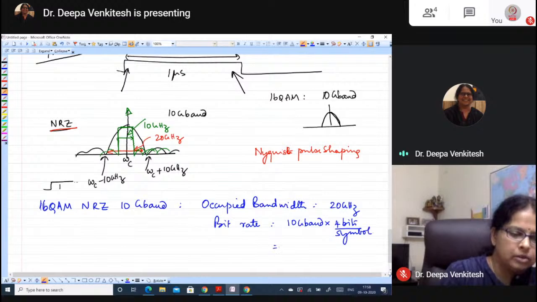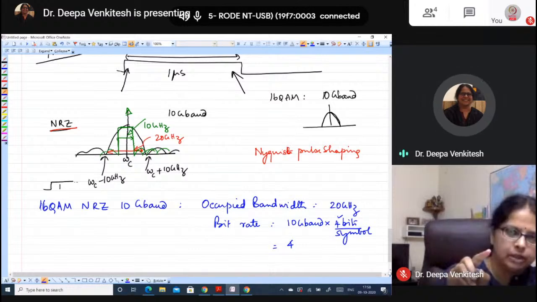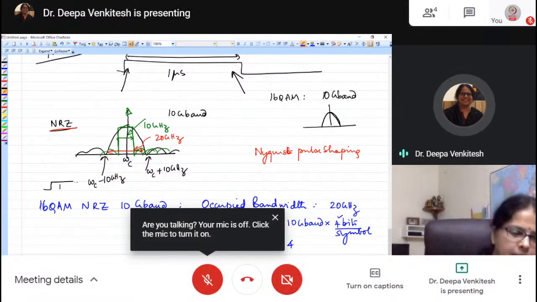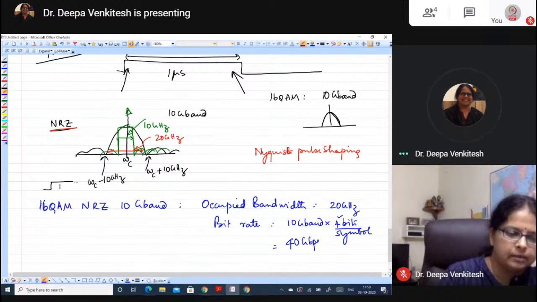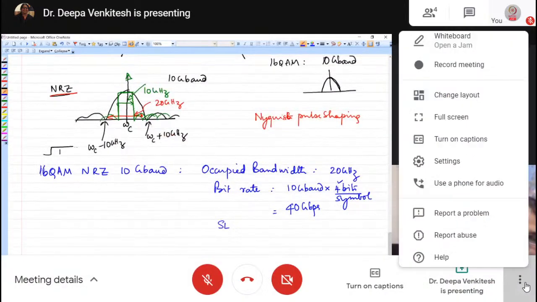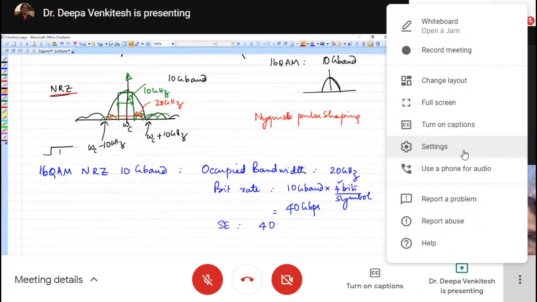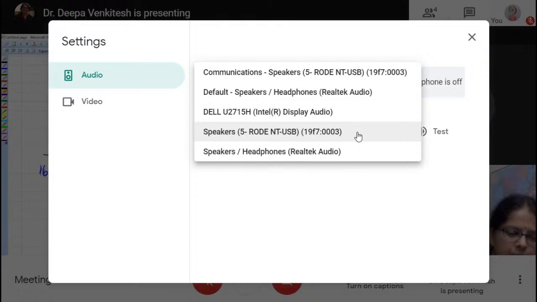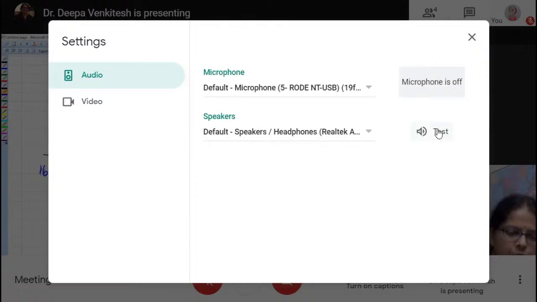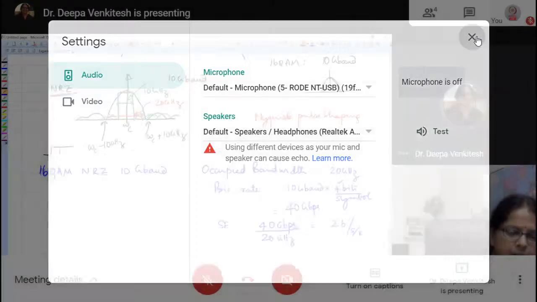So this is 4 because it is 16 QAM. Two bits per second per hertz.